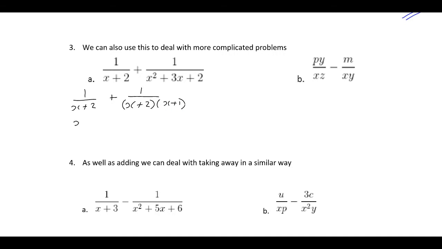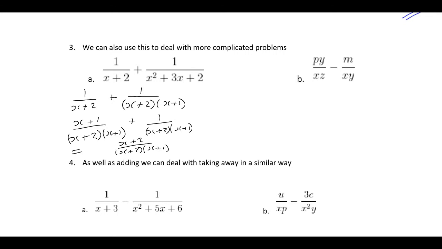So I'll get (x + 1) over (x + 2)(x + 1) plus 1 over (x + 2)(x + 1). And that is going to equal (x + 2) over (x + 2)(x + 1).